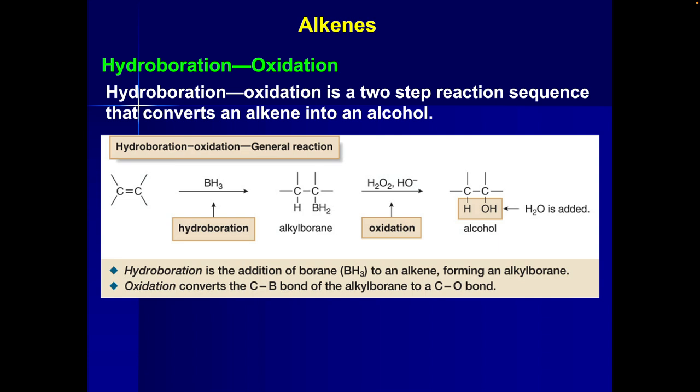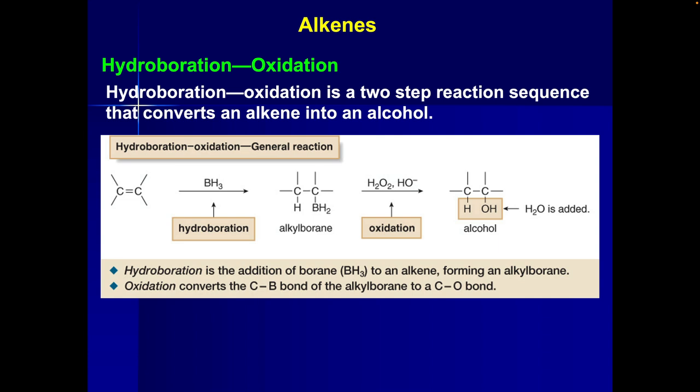But there was another way that we talked about, and it's a 2-step reaction called the hydroboration oxidation sequence, okay? In the first step, you react your alkene with a solution that's called BH3, borane. It doesn't really exist as BH3, but it's good enough.